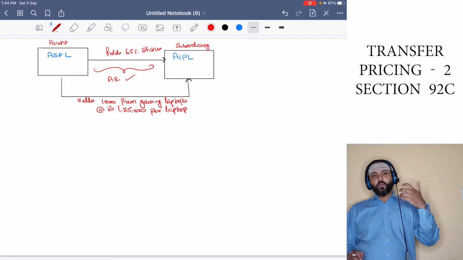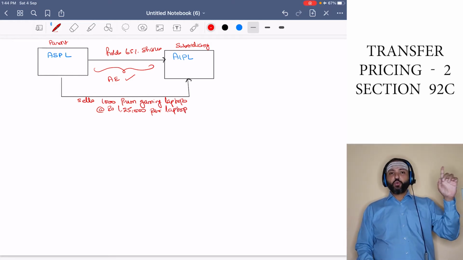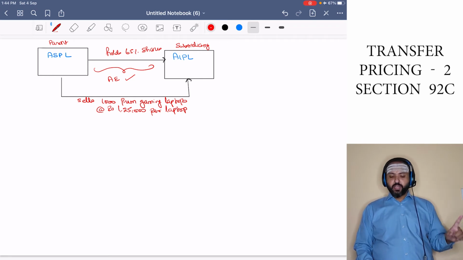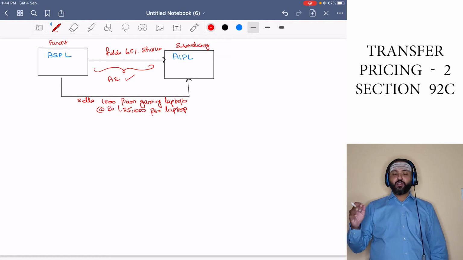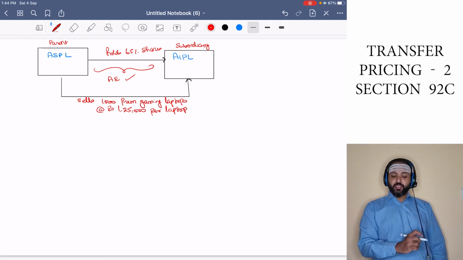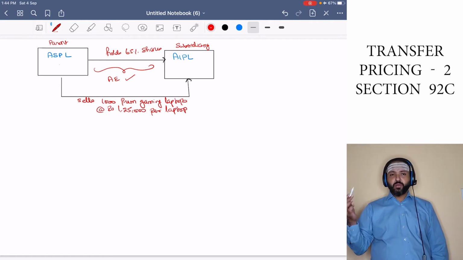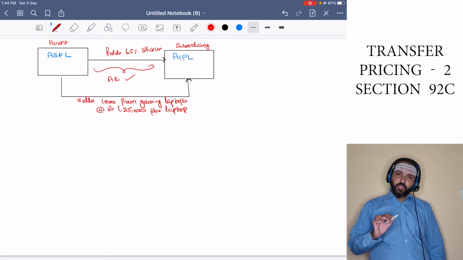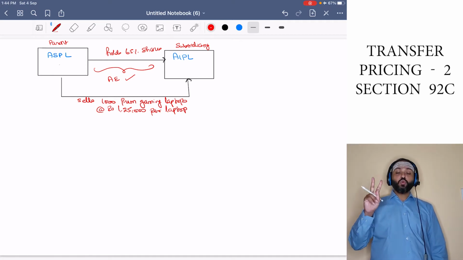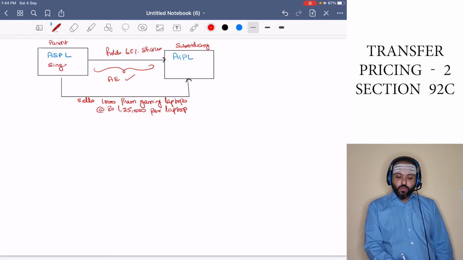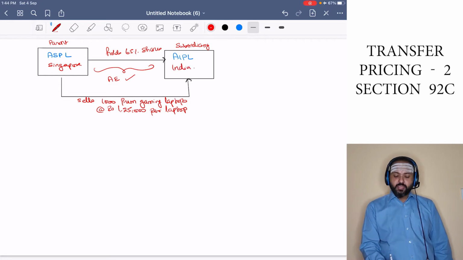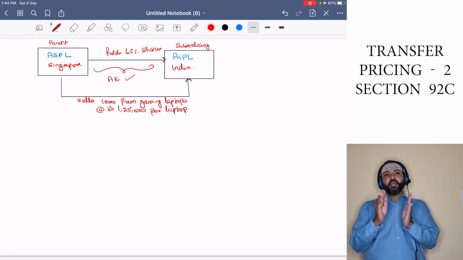Once again go back. Section 92A, whether they are associated enterprises? Yes, because more than 26% of share capital of the other enterprise is held by this enterprise. So ASPL holds more than 26% of AIPL, so they are associated enterprises. Second, whether there is an international transaction. ASPL is located in Singapore, AIPL is located in India. So there is a transaction between a non-resident and a resident.